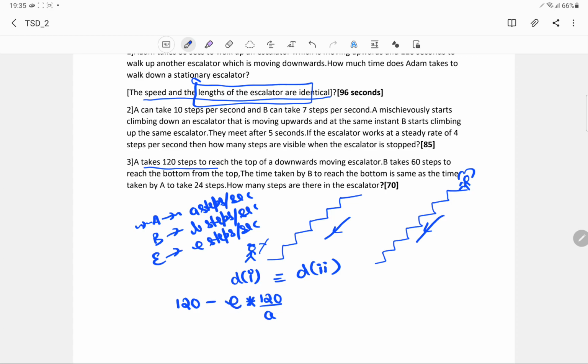So this is the number of steps that the escalator has worked against A. In the similar manner, for B, 60 was the number of steps, 60 plus something, because the escalator is doing the work in favor of B, and this would be nothing but E into 60 upon B. Yes.